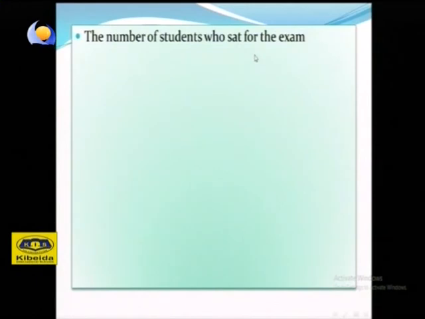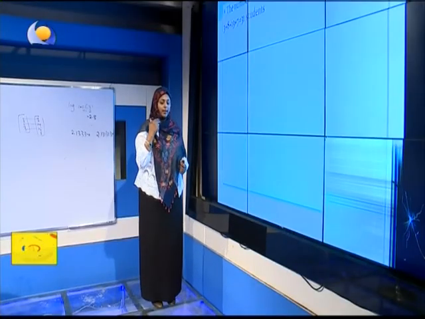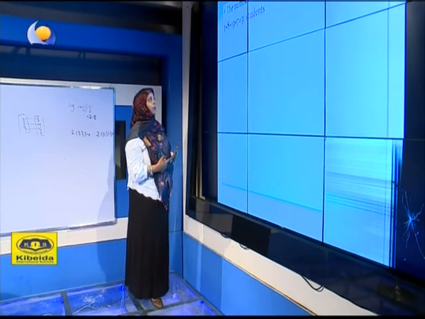The table shows the students' marks in an exam. He wants the number of students who sat for the exam. How am I going to know this? If 3 students scored one mark and 7 scored another mark and so on, then the sum of those students will definitely be the total number of students.